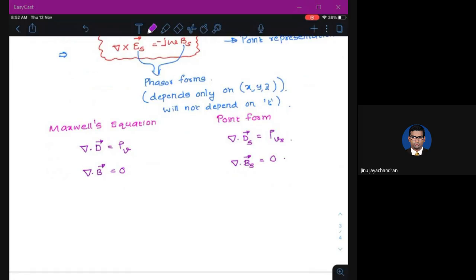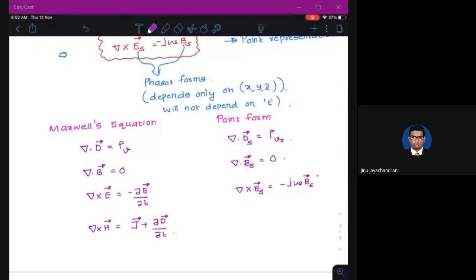The next is, we have already derived this, del cross E is equal to minus dou B by dou t. Since there is a differentiation, we already derived that del cross Es is equal to minus j omega Bs. The last one, del cross H is equal to J plus dou D by dou t.